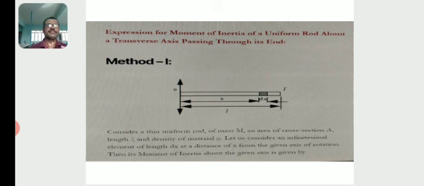Just look at the diagram, let us consider a thin uniform rod of length L, where the axis is passing through one of its ends at point O. Assuming that the uniform rod consists of a large number of small elements, consider one such element of length dx at a distance x from the axis of rotation.